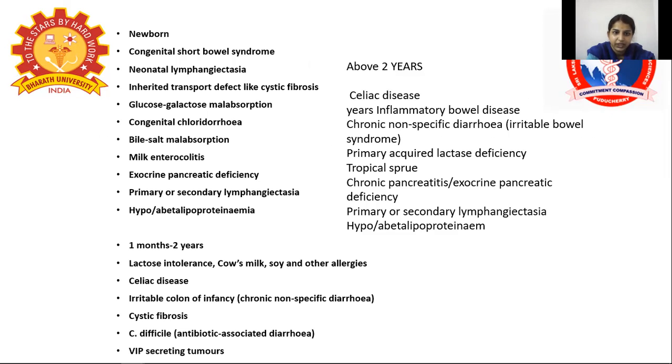So some of the common causes of chronic diarrhea according to age group: newborn, 1 month to 2 years, and above 2 years.